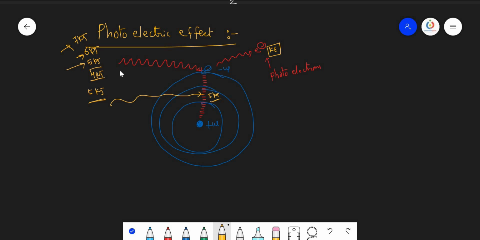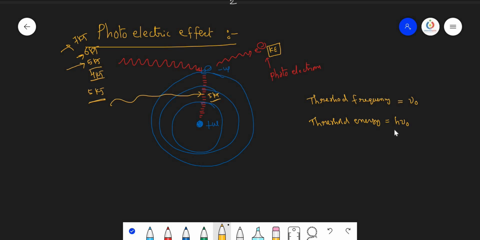The minimum frequency of the light that is required to remove the electron from the metal surface is called the threshold frequency, denoted by the symbol nu naught. And threshold energy means the minimum energy required to remove the electron.